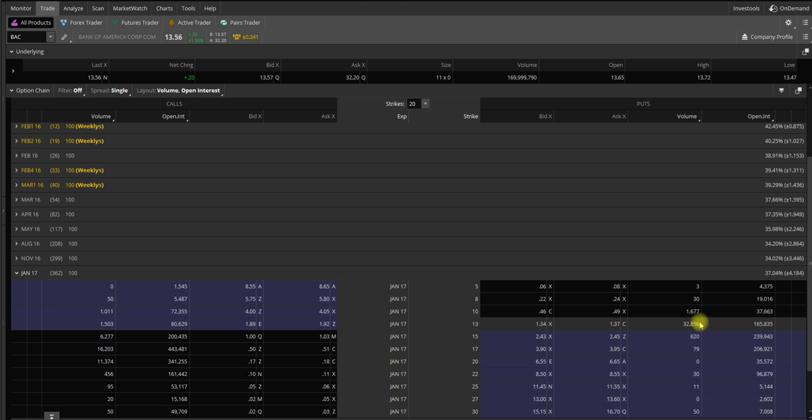Now that I've just seen this, look at the volume on the puts compared to 16,000 on the calls, 11, and 6,000 here on the 15s. Look at that staggering amount right here on the 13 puts. If that falls to 10, that's 3 times your money.